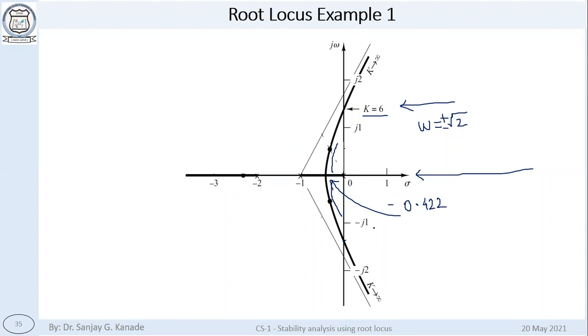So the root locus is symmetric about the real axis. Now, do you have any questions regarding what we have done, what we have drawn? Remember, this graph has to be drawn on normal graph paper. What does it mean?